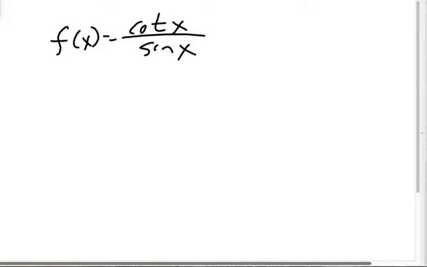All right, so the first thing you do is come in and say, I can't do this because I cannot find the derivative of cotangent of x. I never learned what the derivative of cotangent is. What I do is I rewrite this. If you remember, we had talked about, and I just did this, that cotangent is the same as cosine over sine.